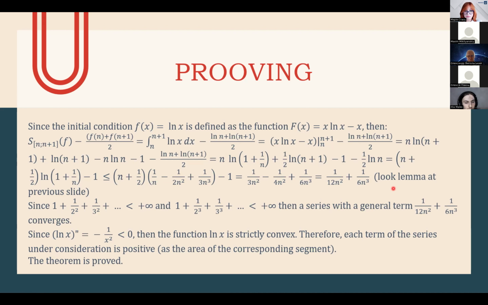And we can say that since the second derivative of logarithm is equal to minus 1 divided by x squared, which is smaller than 0, the function logarithm is strictly convex. Therefore, each term of the series under consideration is positive as the area of the corresponding segment. And that proves our second theorem.